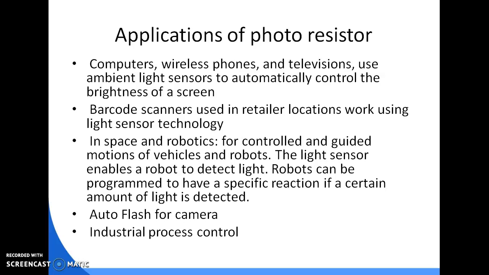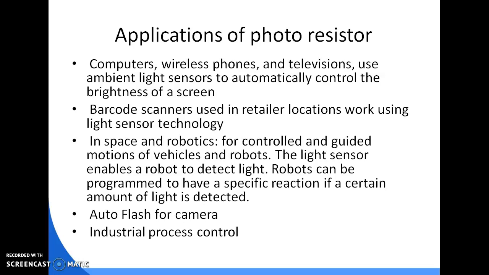Means, as we know, in our mobile phones, in daytime whenever we go outside, the brightness of the screen will increase automatically, and when we come to a dark place, the brightness of the screen will decrease automatically. That setup can be done automatically in our phones. That is possible by using this photoresistor.